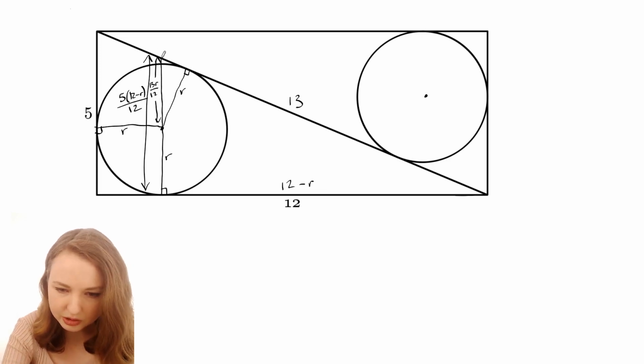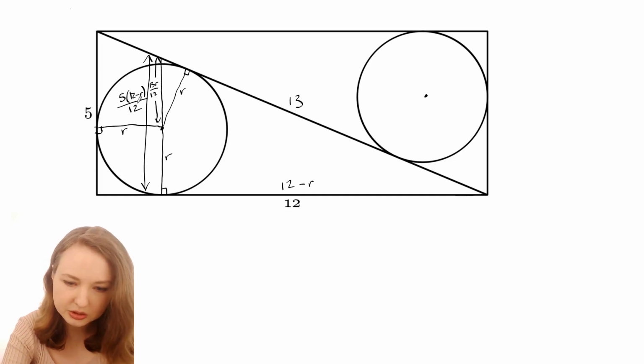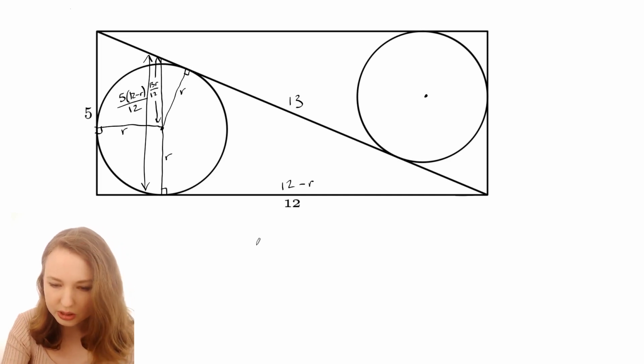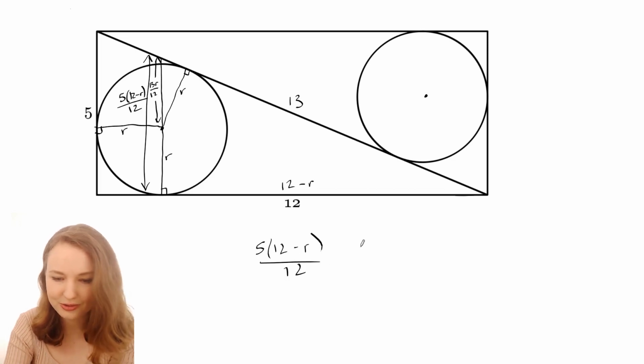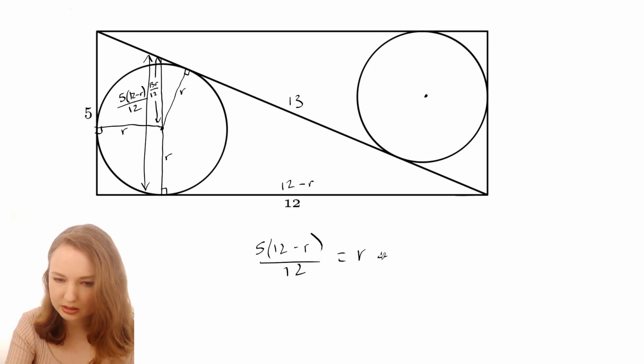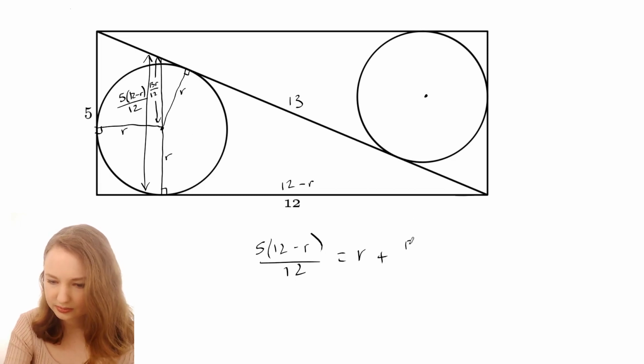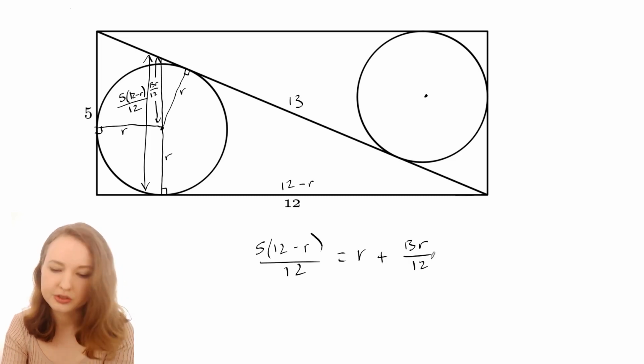And then from that, you've got that height in two different ways. You can call it that, or you can call it that plus that. So we can say 5 times (12 minus r) over 12 is that plus that. And then we can just solve that equation for r.